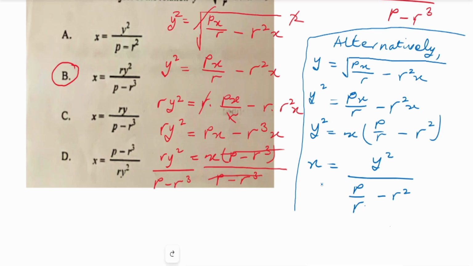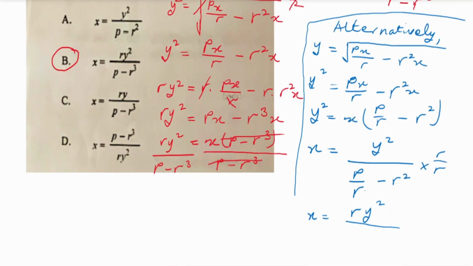And that will simply mean multiplying both the numerator and the denominator by r. Then this one now becomes r y squared over, when the r here multiplies the first term of the denominator, this one, we are going to have p minus, when the same r multiplies the second term, we're going to have r cubed.